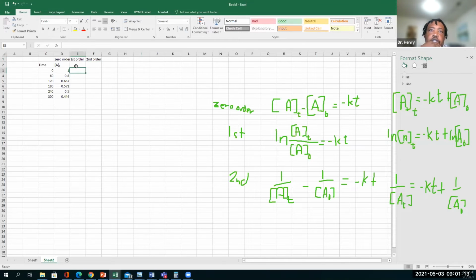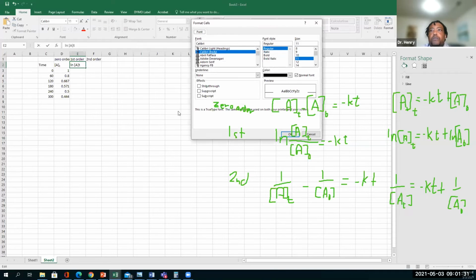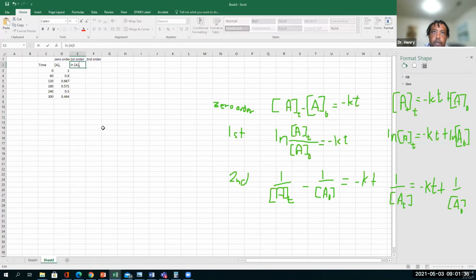So the first one is just going to be a normal concentration. The second one is going to be ln A. And then the second order reaction is going to be 1 over A, so it's going to be 1 divided by A.